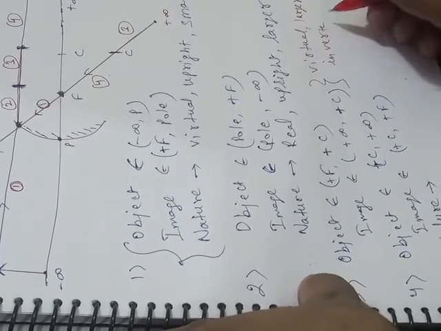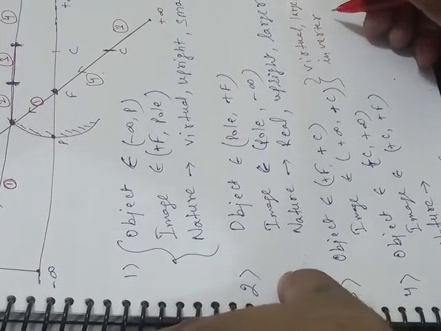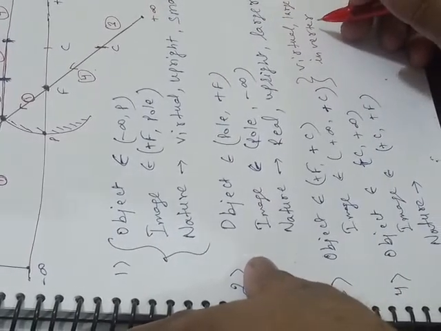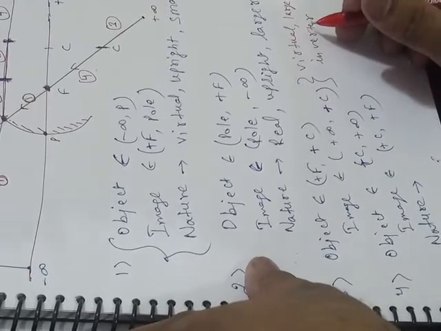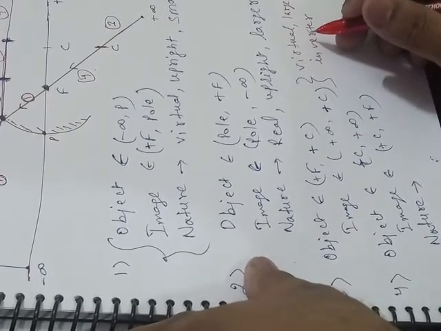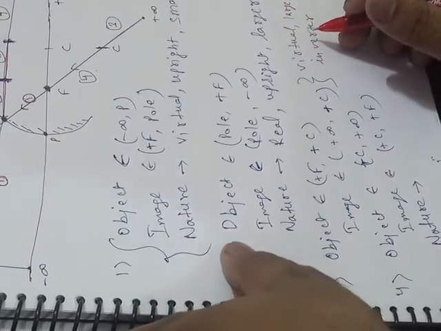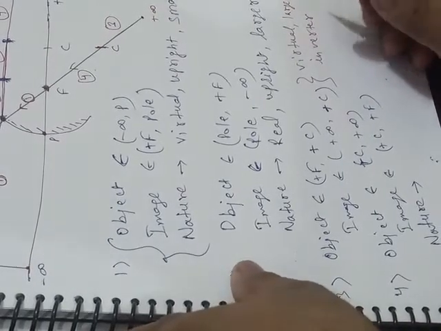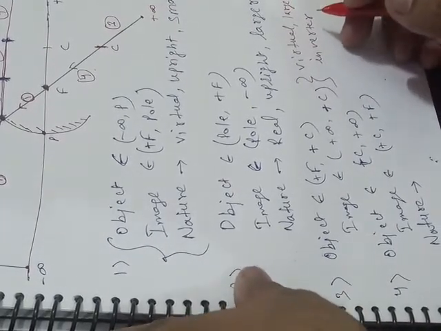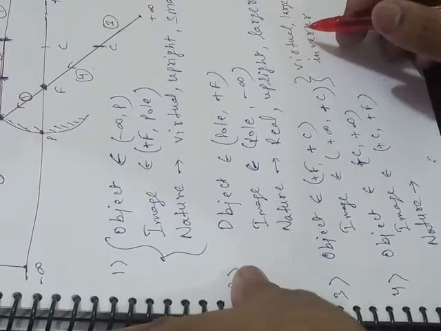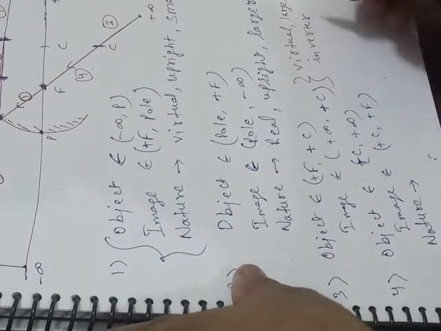So in conceptual questions, if they ask which mirror forms an inverted virtual image, remember that for the concave mirror the virtual image is only one case, and that is erect. But in this case we are getting an inverted virtual image and larger.